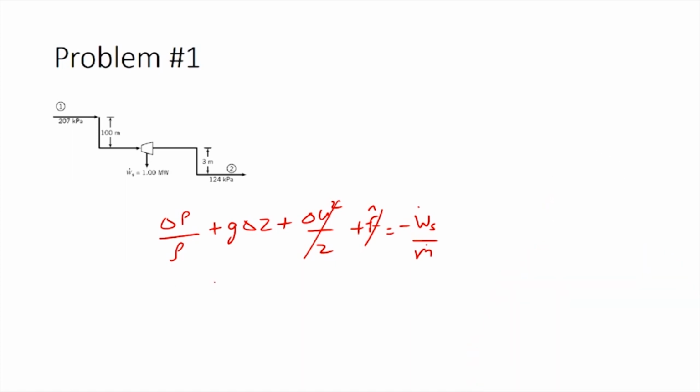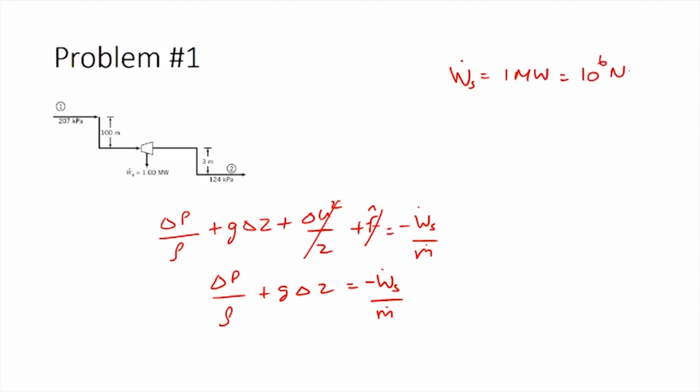So, the equation simplifies to delta P divided by rho plus g delta z equals minus Ws dot divided by m dot. The shaft work has been given as Ws dot equals 1 megawatt, which is equal to 10 power 6 Newton meter per second, and we have been told that the pressures are given for point 1 and point 2. So, delta P would be final pressure minus initial pressure, which is 124 minus 207, giving delta P as minus 83 kilopascals.